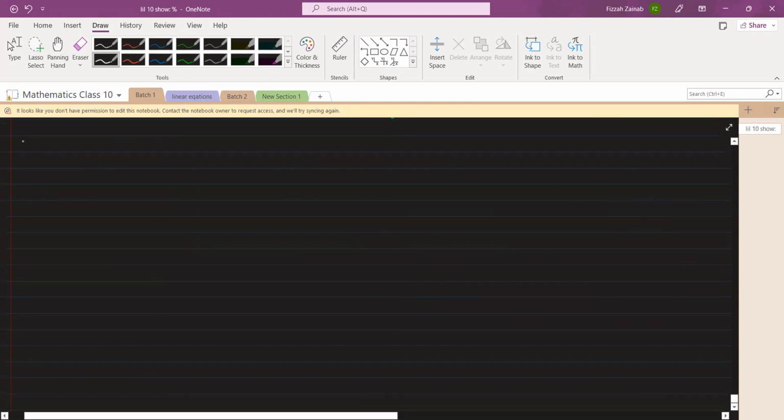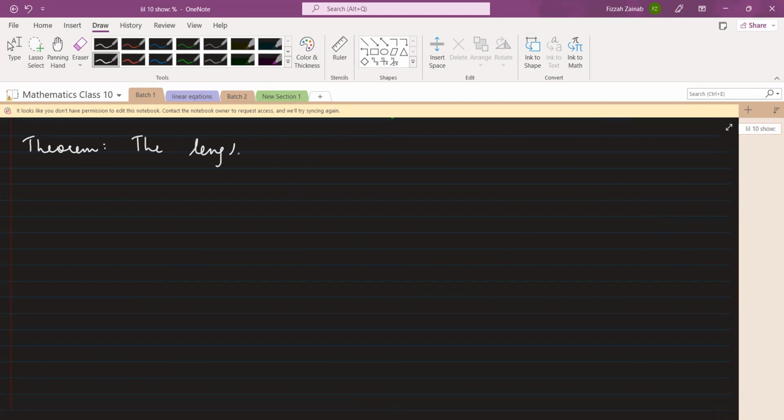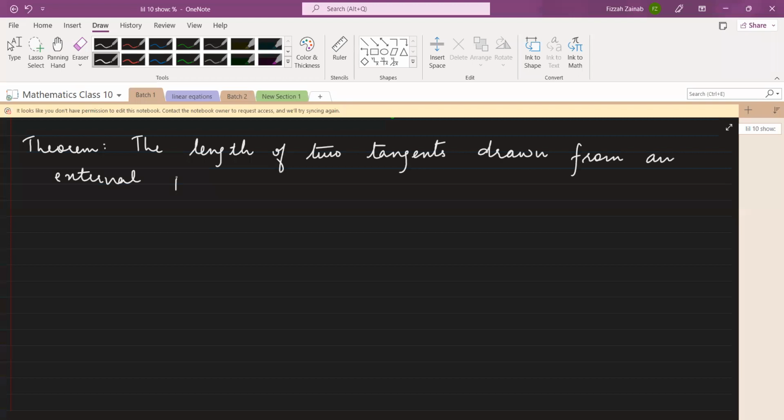So please write down: the length of two tangents drawn from an external point to a circle are equal.